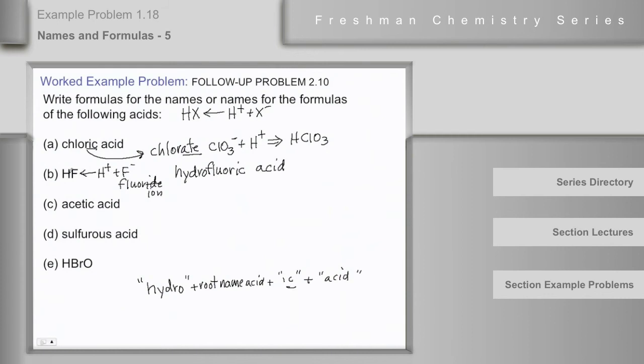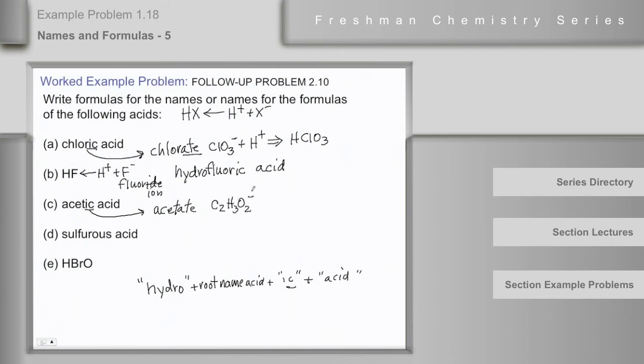Acetic acid is a case like chloric acid, where we can think of it as being derived from an oxo anion. In this case, the anion is the acetate ion, which is a little different. It's an organic anion. It's the acetate ion, and it is C2H3O2 with a single minus.